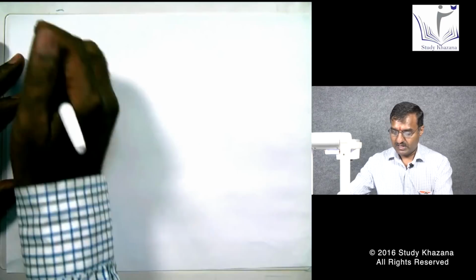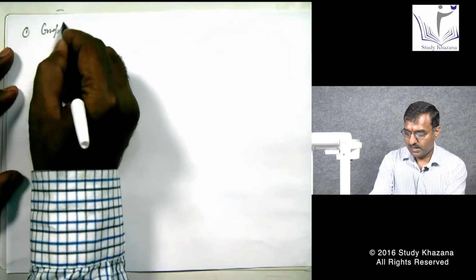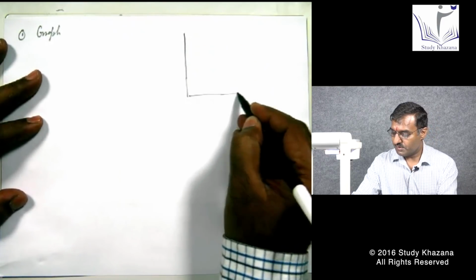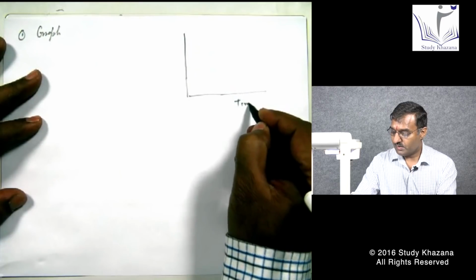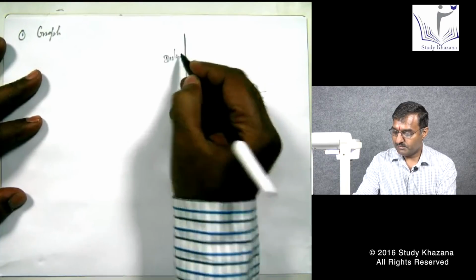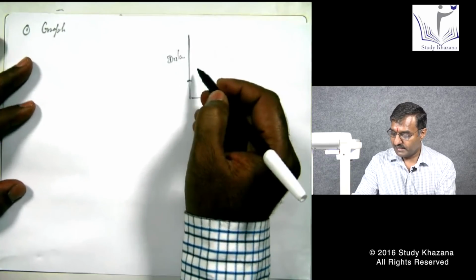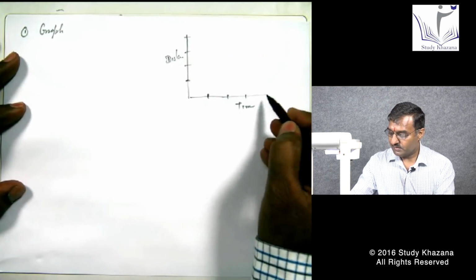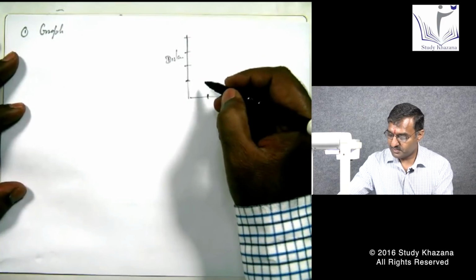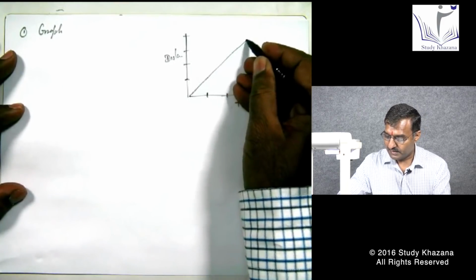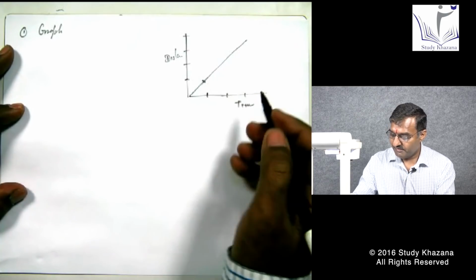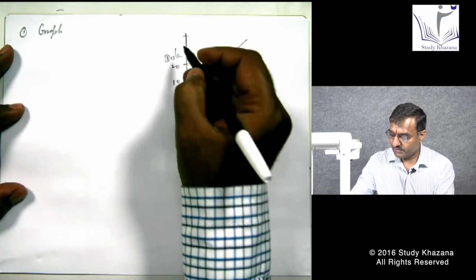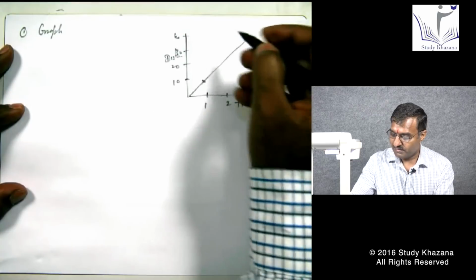Here I will show the graph. Here I am considering time and here distance. If I mark like this, roughly, it will come like a straight line. It means if it is 1 hour it is 10, if it is 2 hours it is 20, if it is 3 hours it is 30, and 4 hours it is 40.